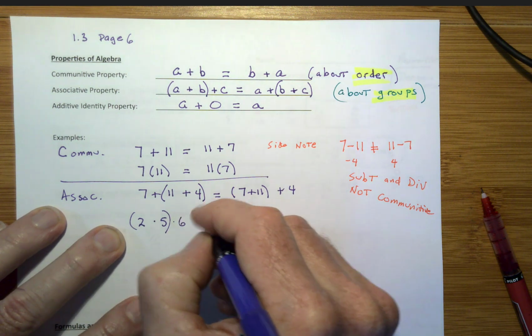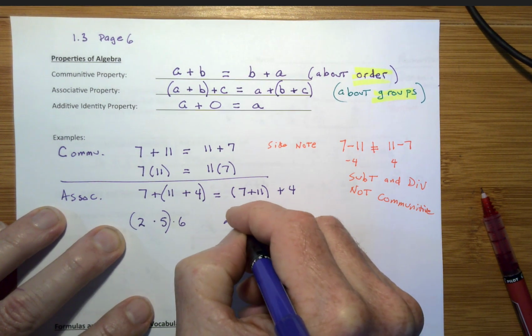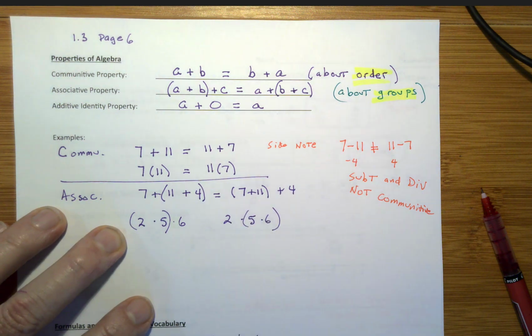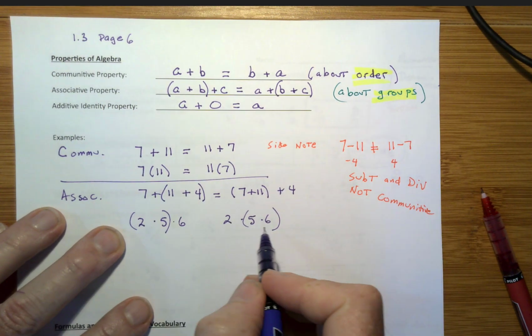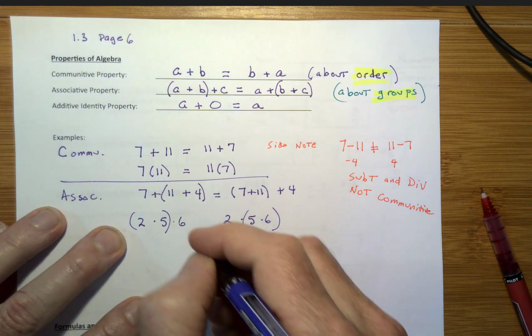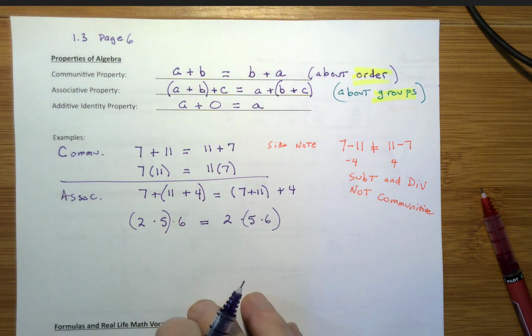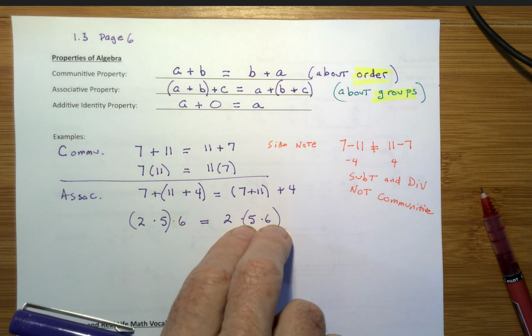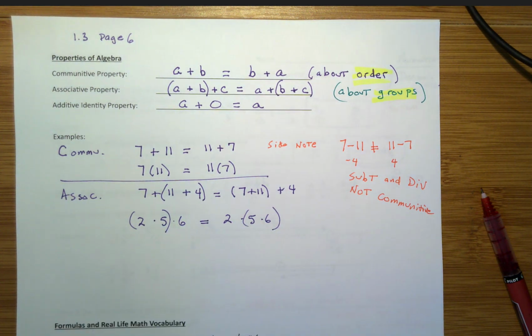But what if we change the group? What if we group those two first? 5 times 6 is 30, times 2 is 60. It's the same answer. They're equal to each other. So if I change the group in multiplying, it's the same answer. So these are following the associative property.